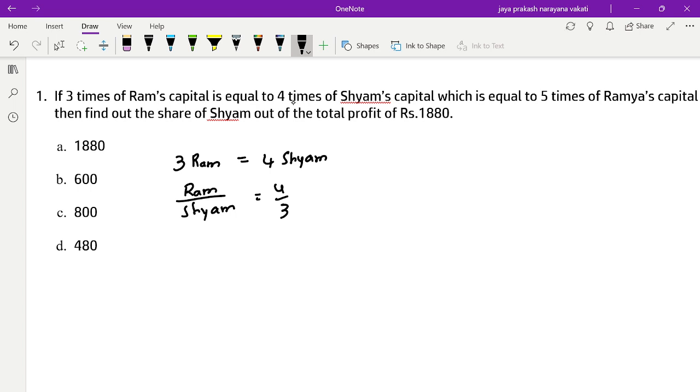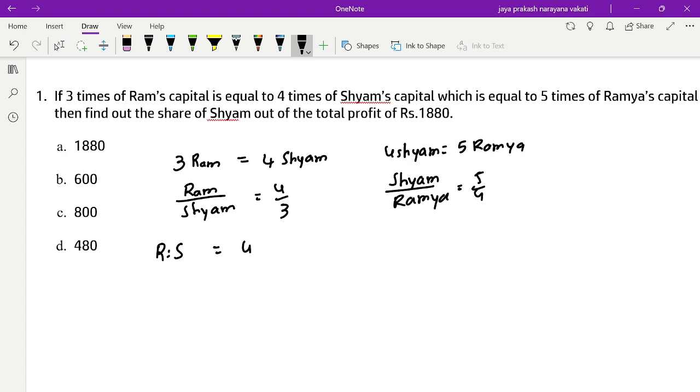Now it is given that 4 times Sham's capital is equal to 5 times Ramya's capital. So with this, the Sham to Ramya ratio is 5:4. So Ram to Sham, I got 4:3, and Sham to Ramya, I got 5:4.